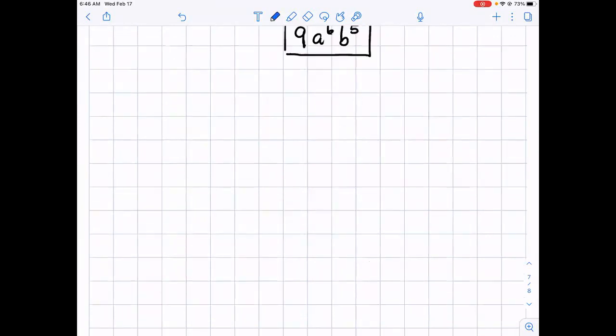Now we do have a theorem. A theorem in math is something we don't have to prove, we just use it.